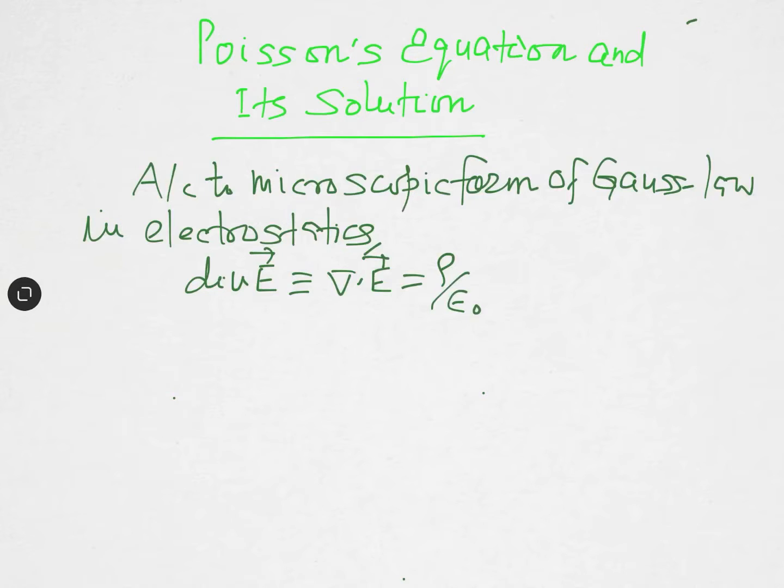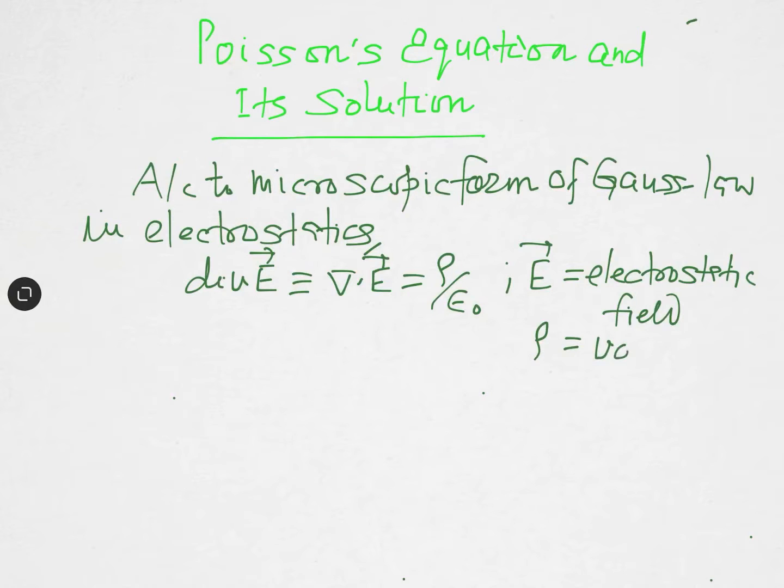In this equation, the different quantities you know very well. Here E is the electric field, or you may say electrostatic field, and rho is the volume charge density of the charge distribution.